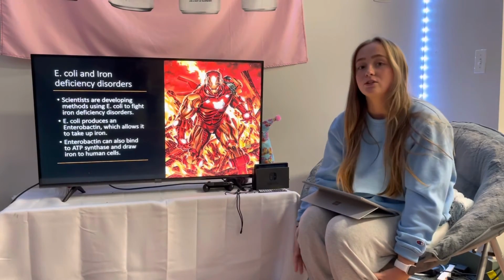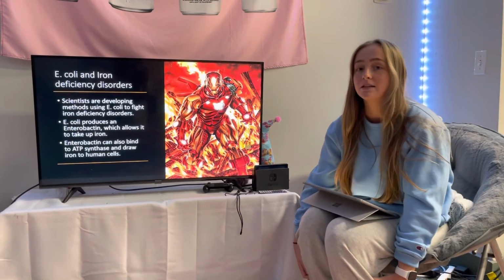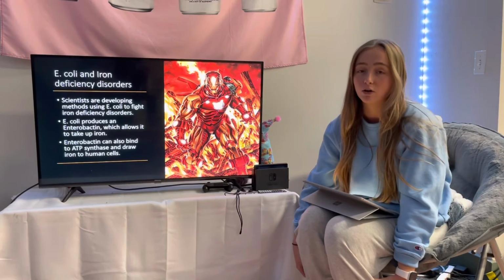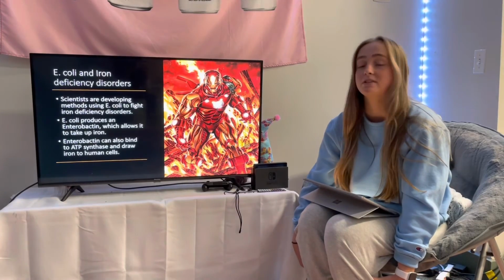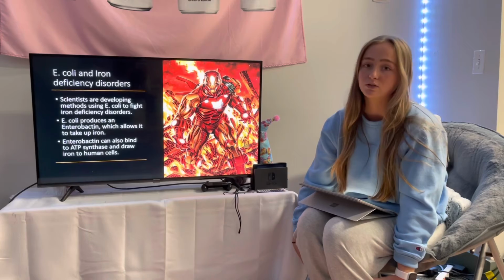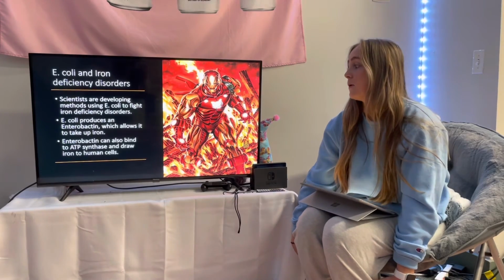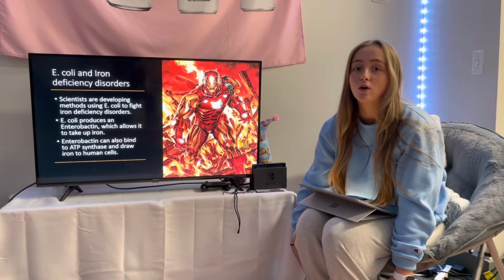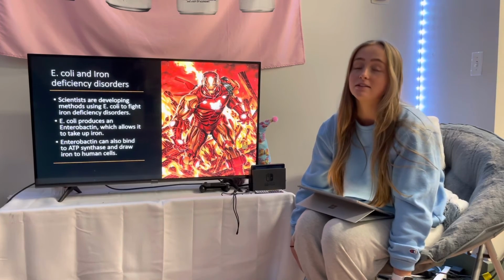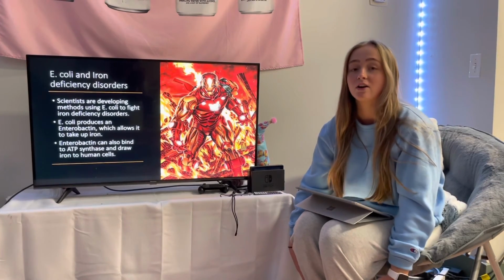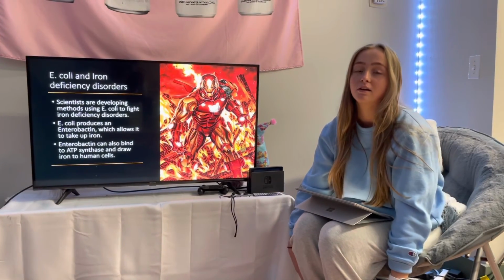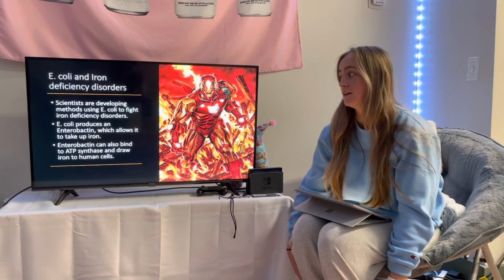But now new studies show that this enterobactin also binds to ATP synthase in our human cells, and our human cells can take up the iron and use it for their own uses. So it's possible in the future that E. coli's methods of helping us obtain our iron can take over iron supplement pills and help a lot of people.